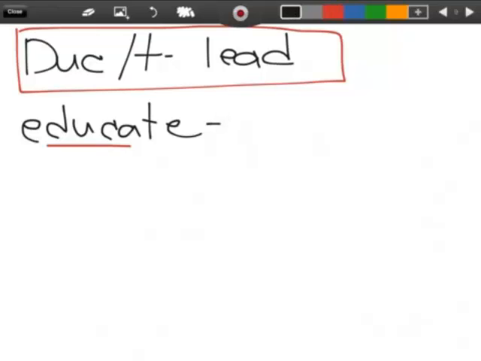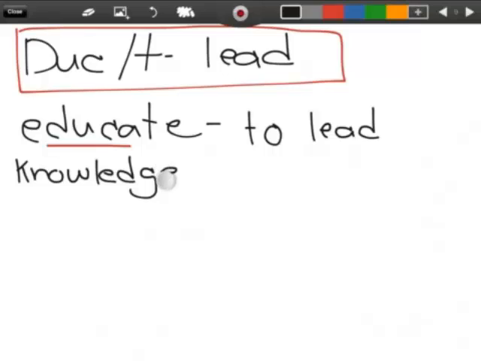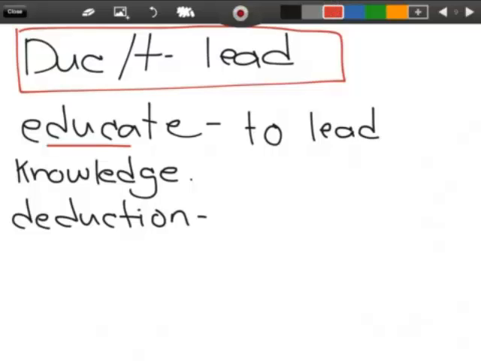And that means to lead knowledge. My second word is going to be deduction, and I'm going to underline the root, duct, for you to see as well.